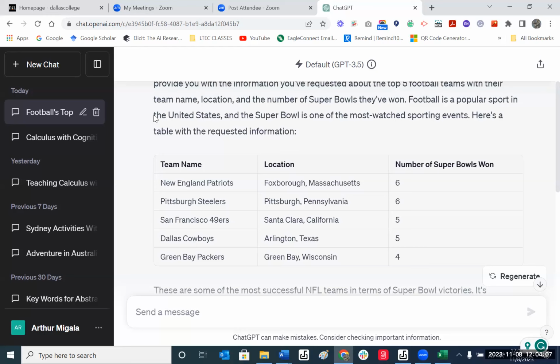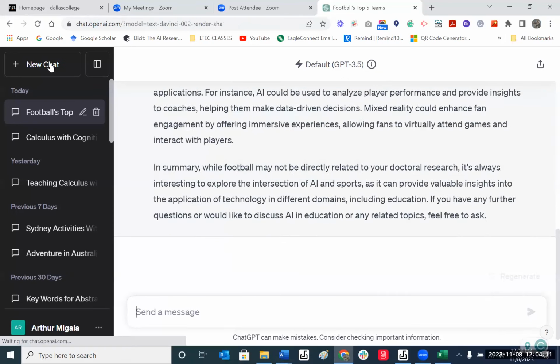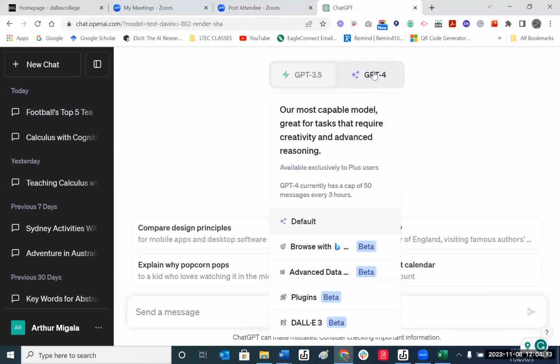So okay, you can see that's GPT 3.5. Now, the thing about Chat GPT 4, you have to pay for this one, but you see down here, it gives you DALL-E, which is an AI tool that allows you to create pictures just by describing words.